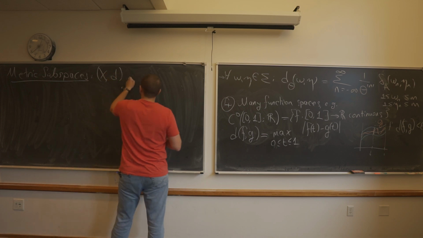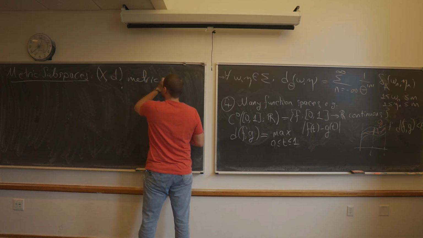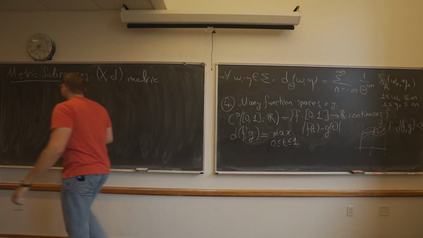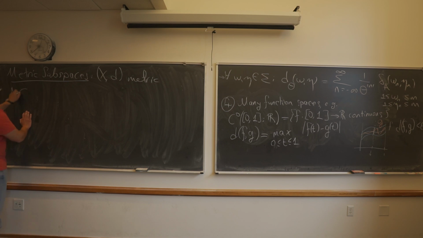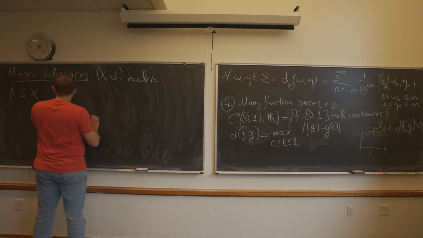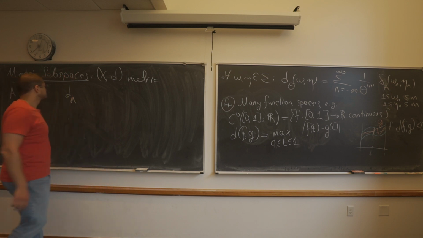So take (X, d) a metric space, and then I take a subset A. So this is my notation for a subset. It's a region in X. Then I can define d sub A, let's say.